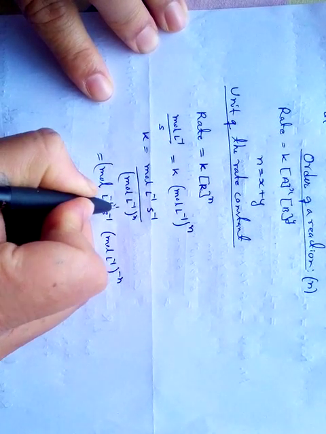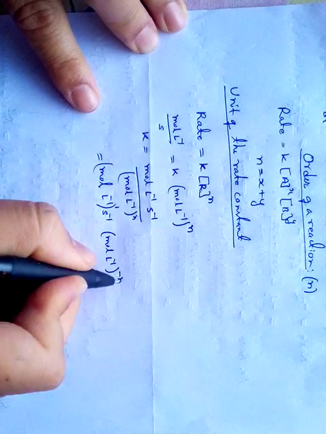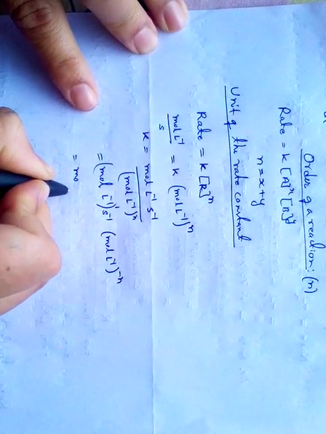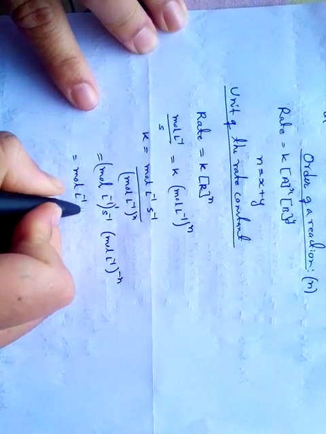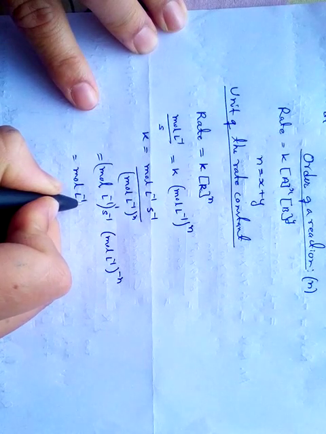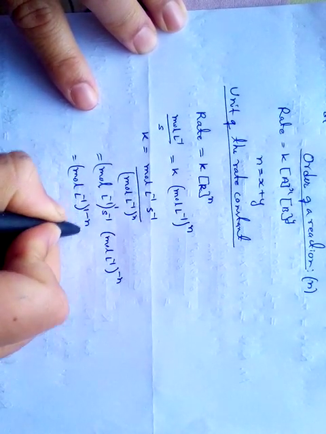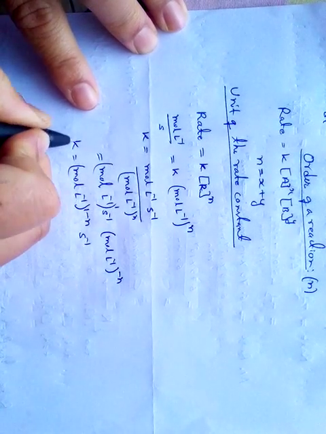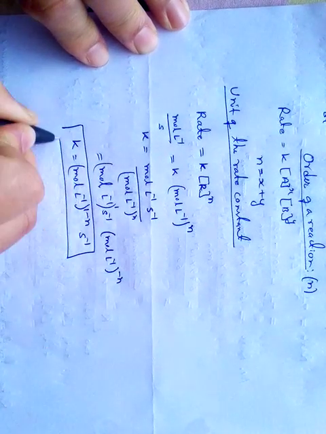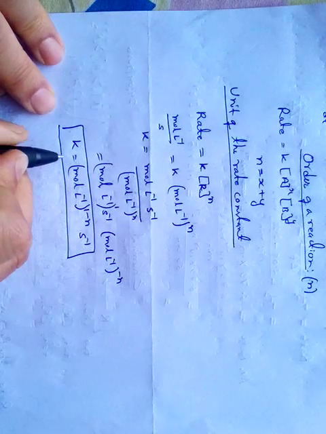If the base is the same, the powers should be added, so the unit is mole per liter to the power 1 minus n, per second. With the help of this equation we can calculate the unit of the rate constant.